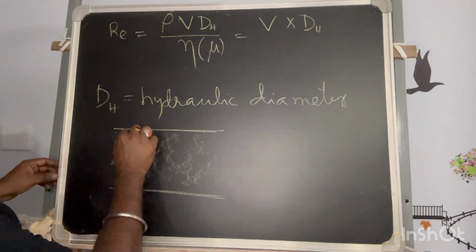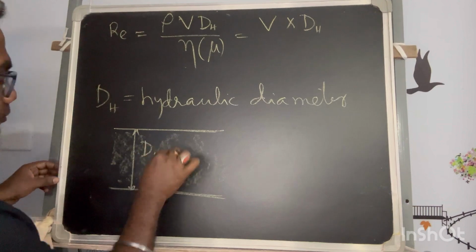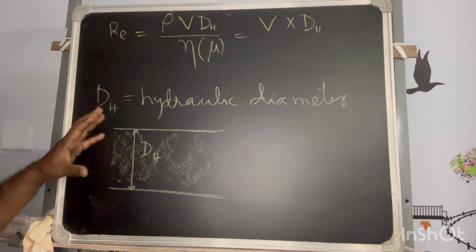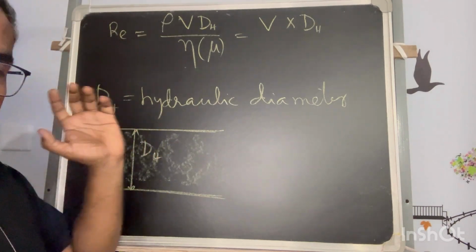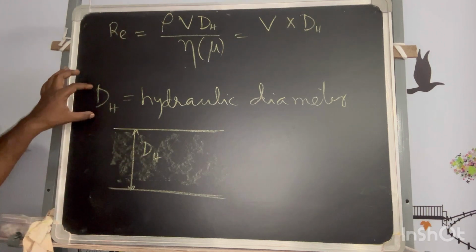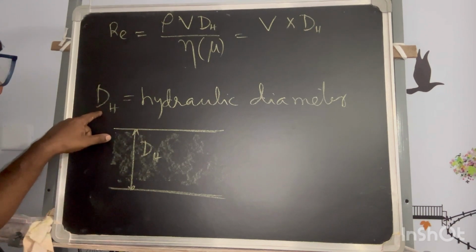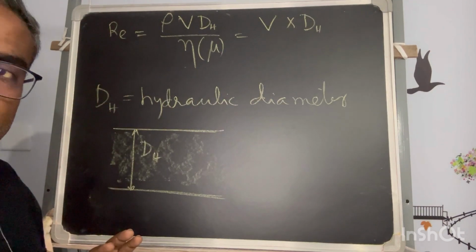This is the hydraulic diameter of the duct through which it is flowing. This is rigid, so the fluid will take the shape of the contour of the duct, and if it is a circular cell, the maximum diameter through which it is flowing is the hydraulic diameter of the fluid.